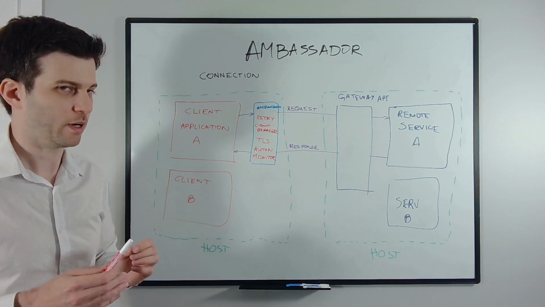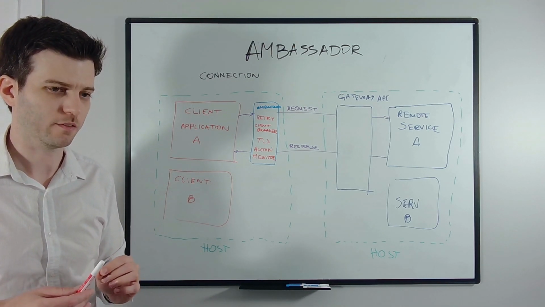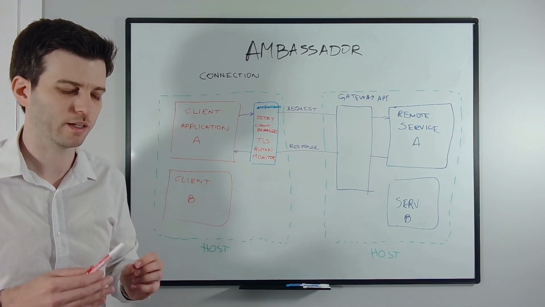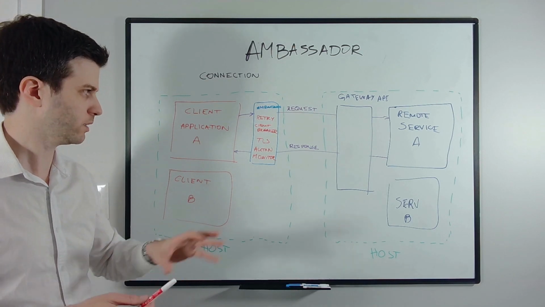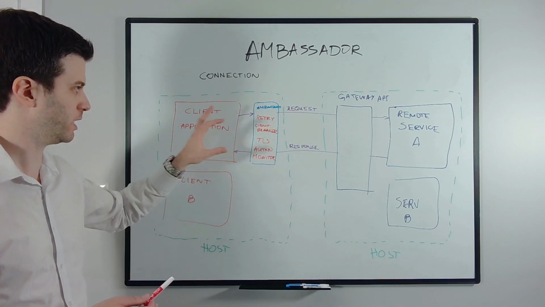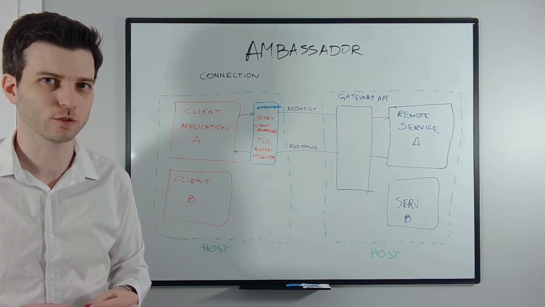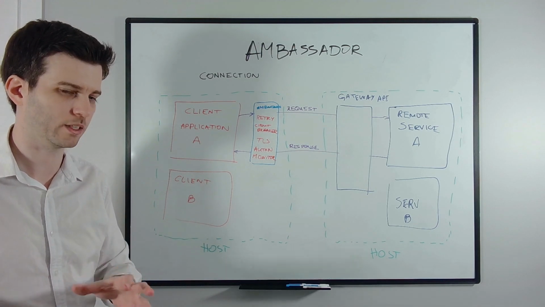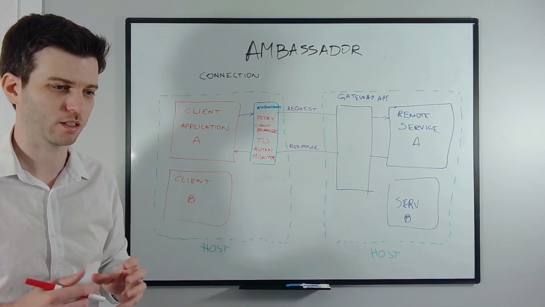It is usually a very minor latency, but if you have a very latency critical application where latency is extremely important, you may want to look at a way to not use an ambassador. You may want to integrate those functionalities directly in the client application to reduce as much as possible the latency, to remove that overhead of communicating between two different processes.